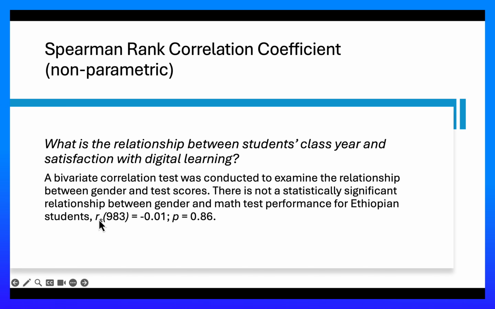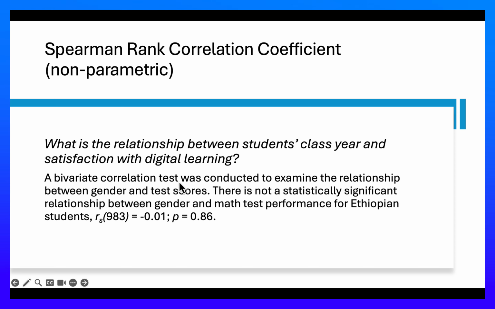But when you do a Spearman test, you put a little S subscript here. Just an R would represent Pearson correlation results, but a little subscript S indicates to your readers that this is a Spearman rank correlation coefficient.